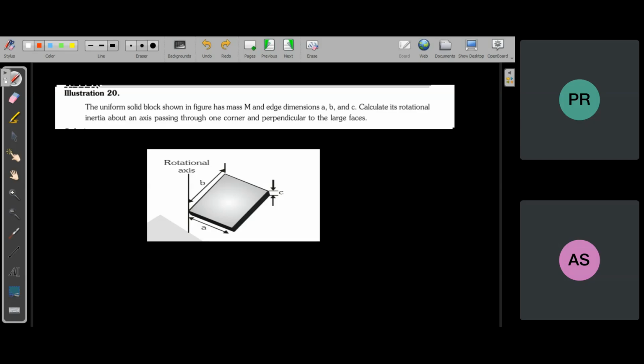Again, you can use the theorems, parallel axis, perpendicular axis.